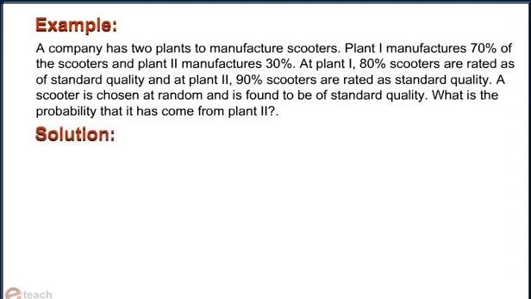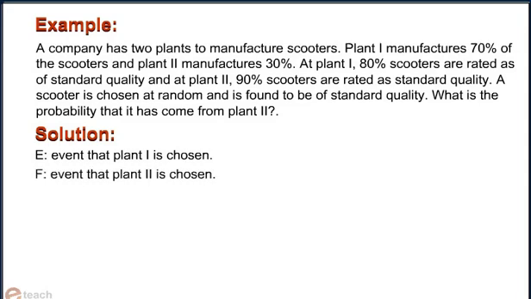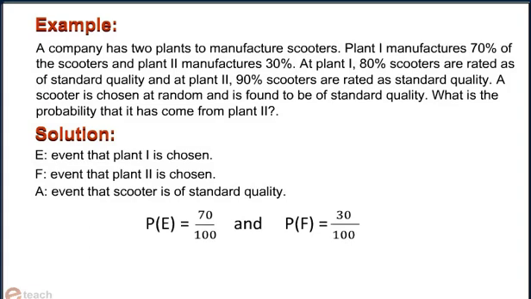Solution: let E denote the event that plant 1 is chosen and F denote the event that plant 2 is chosen. A denote the event that scooter is of standard quality. Probability of E equals 70/100 and probability of F equals 30/100.